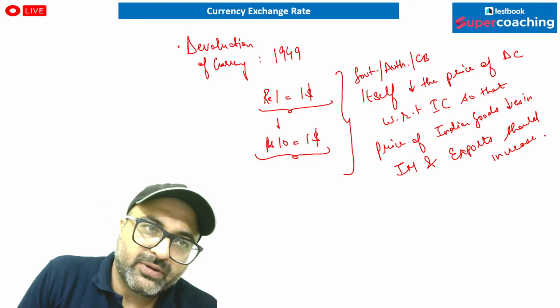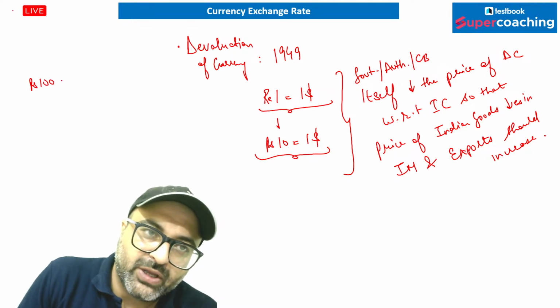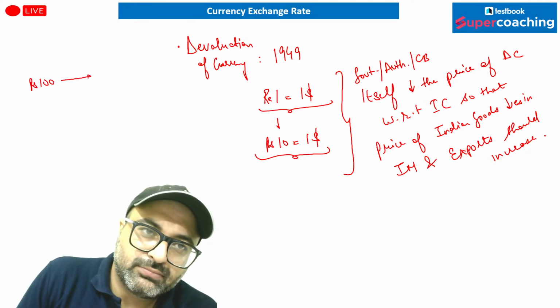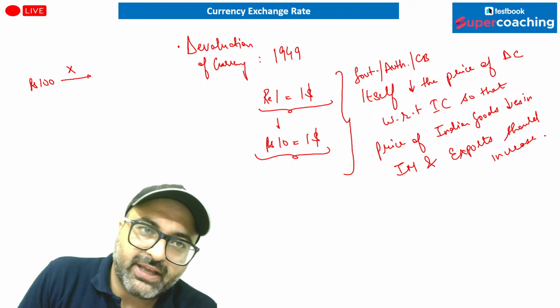Earlier, a product which was 100 rupees in India, let's say this is product X, in the international market was available for $100.